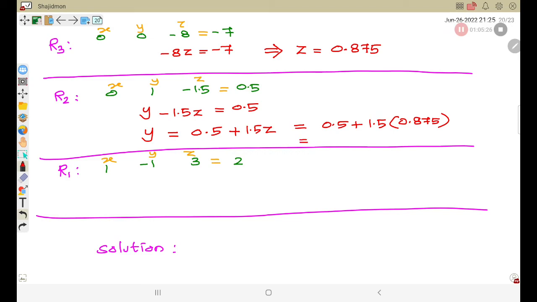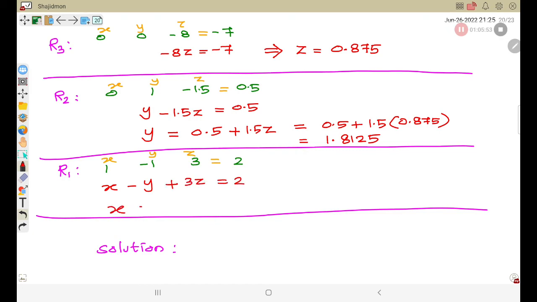Okay, you can check the number. 0.5 plus 1.5 multiply 0.875. So you will get the answer 1.8125. So y value. Now x number, 1 multiply x minus y plus 3z equal to 2.